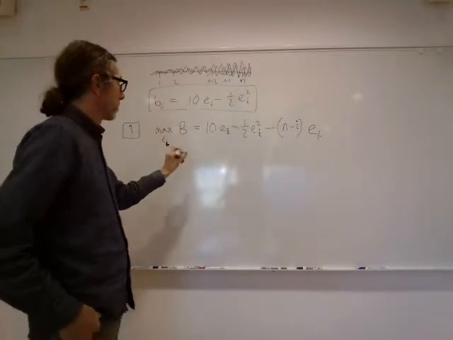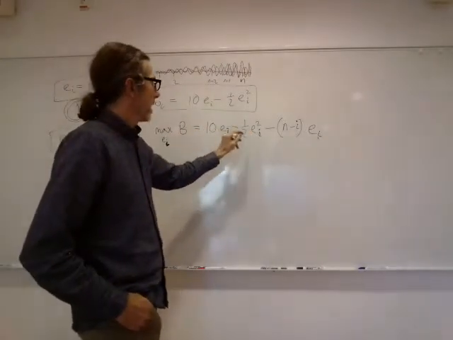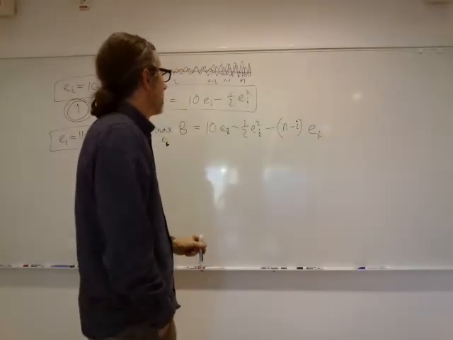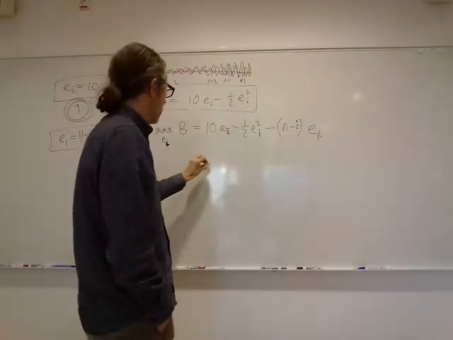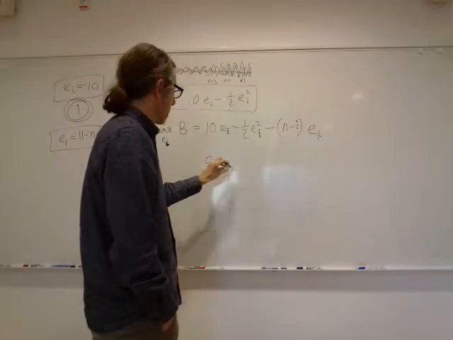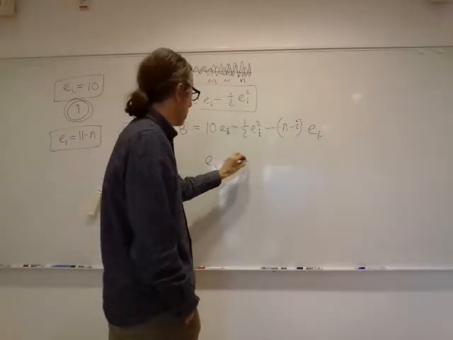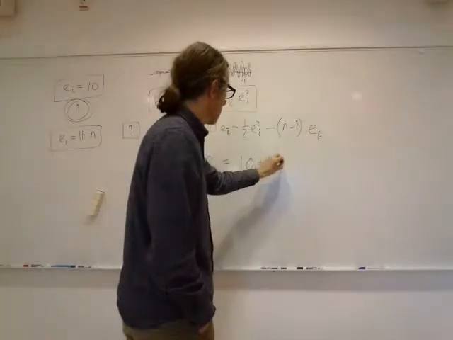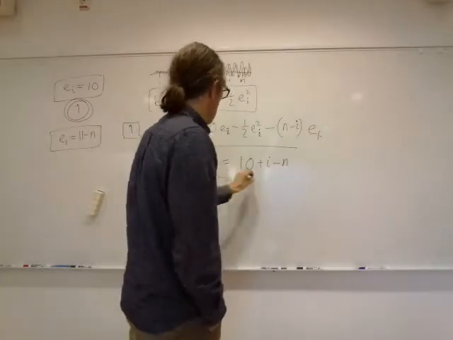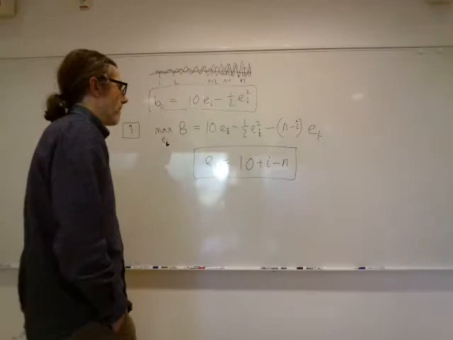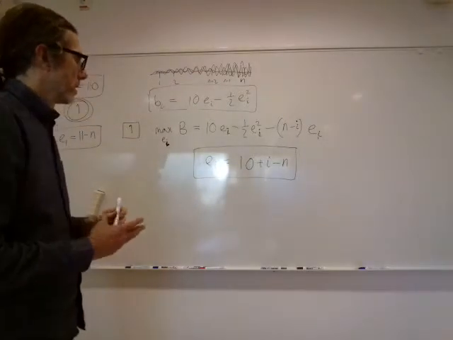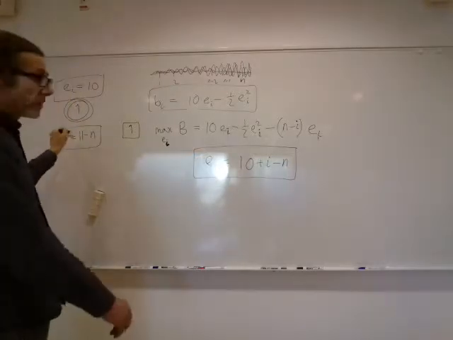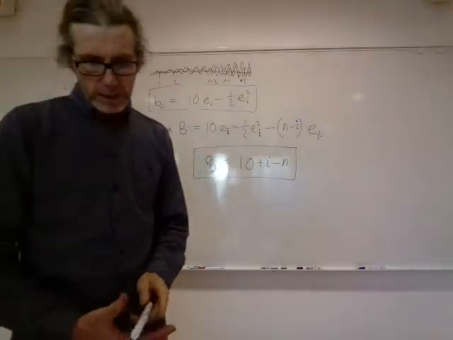Now when we take the first order condition, we get 10 minus n plus i equals Ei. So Ei is 10 plus i minus n. And of course, when i is 1, we have 11 minus n, which is what we found earlier.